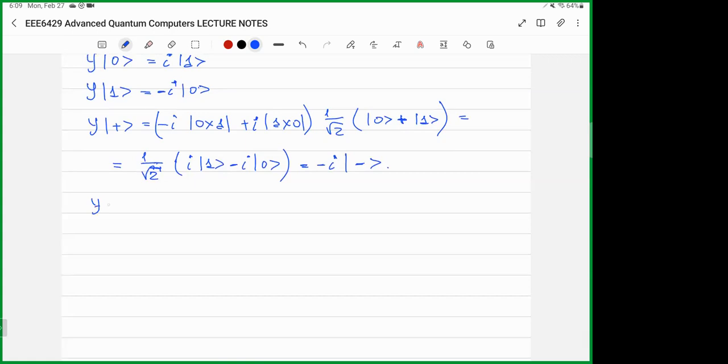For example, Y acting on plus I, as a result I'll get state plus I, basically the same state.